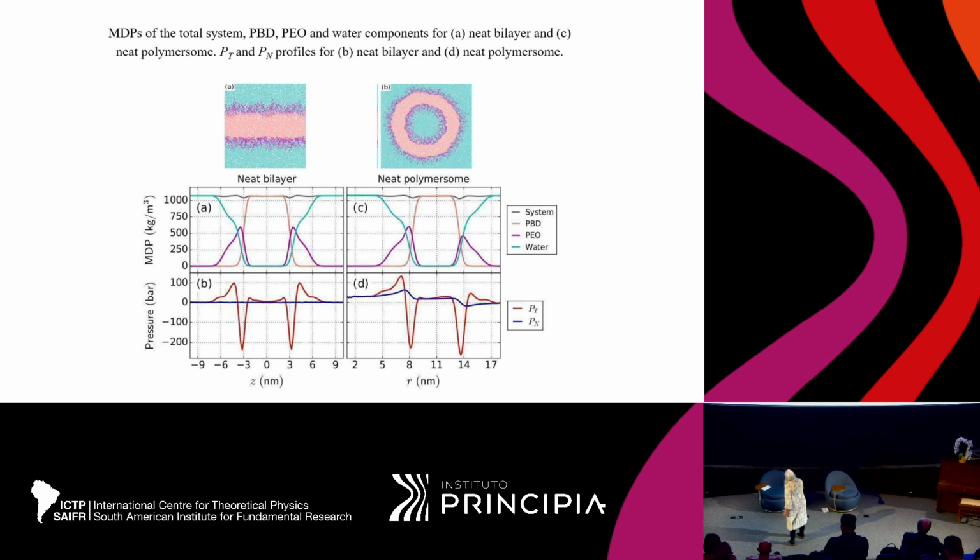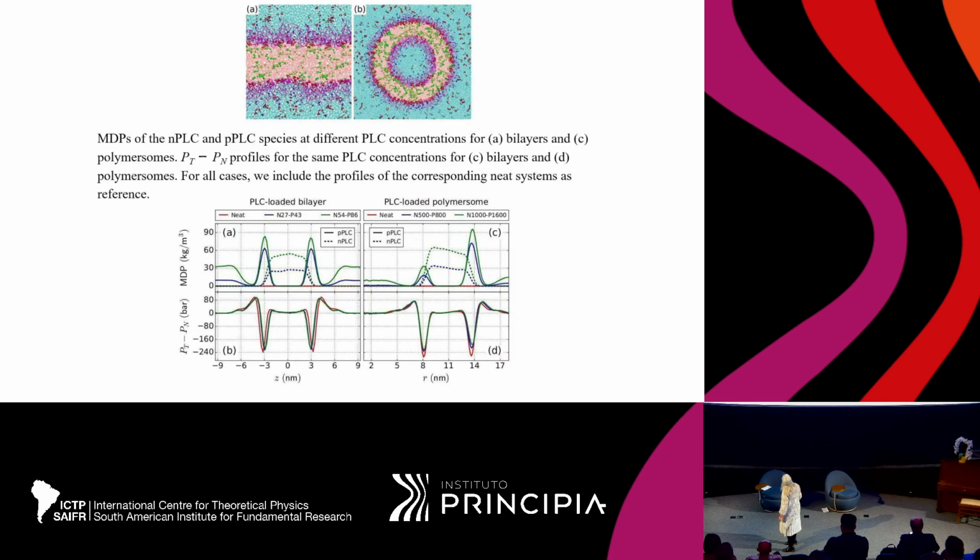It's 1 bar, but the tangential pressure changes when you have different interfaces, and it differs quite a lot from the polymersome. Then there are mechanical properties that you do not get from lipid bilayers because of cancellation.